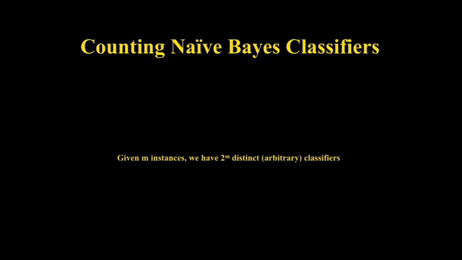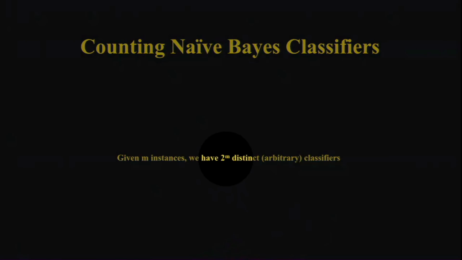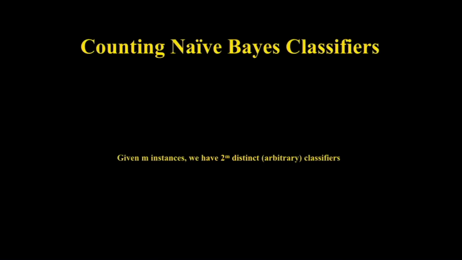In general, two to the m, correct? Why? Because every time you choose a subset of these and call them positive and the remaining are negative, you have a distinct classifier, correct? So it's really how many subsets do you have out of the features? This is in general. But now we're talking about something more specific. I'm talking about a naive Bayes classifier, and I'm talking about changing the prior on the class variable.